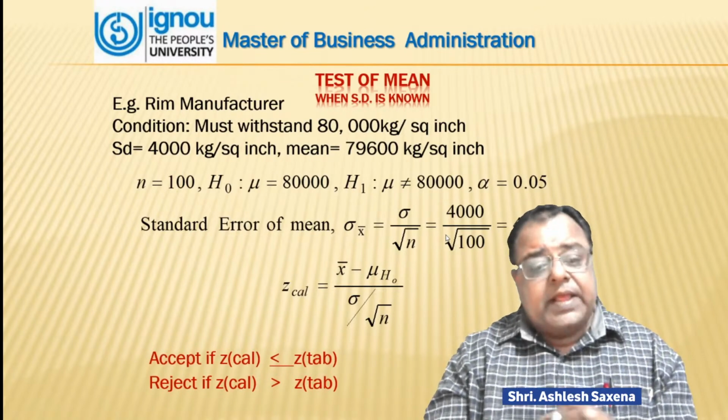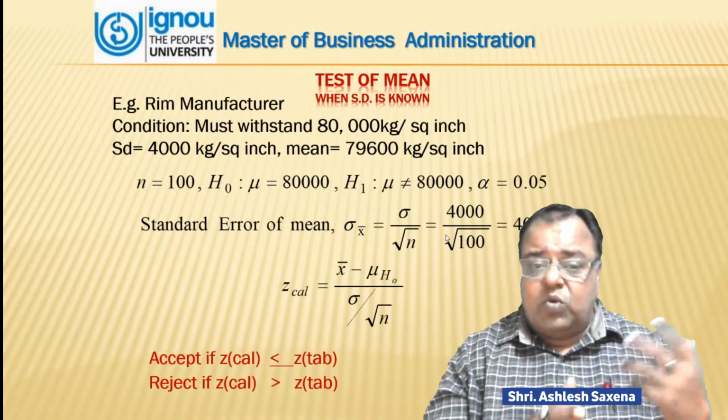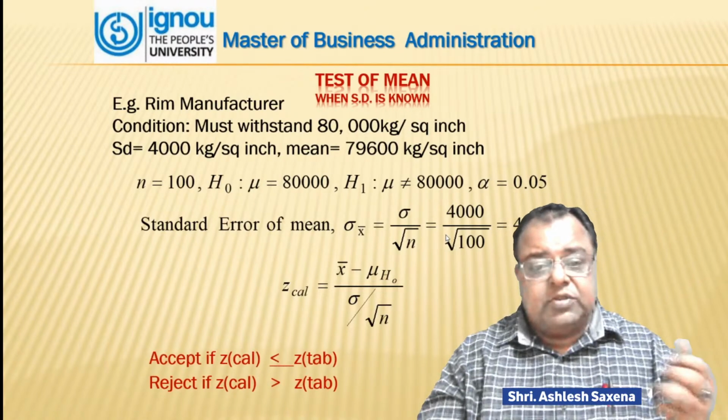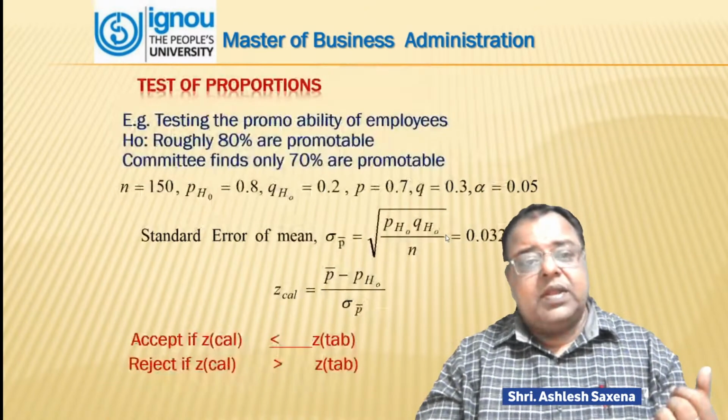And if the Z calculated value is greater than the Z tabular value, we reject the condition. This is how the problem is solved.